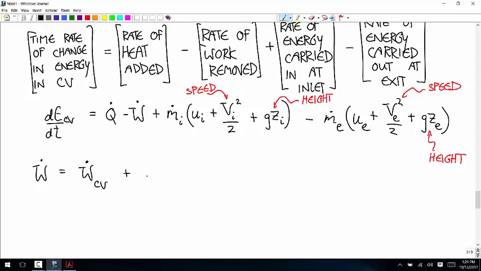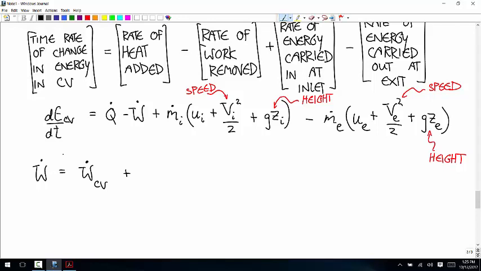So this work is the work done by the stuff in the control volume on the surroundings.